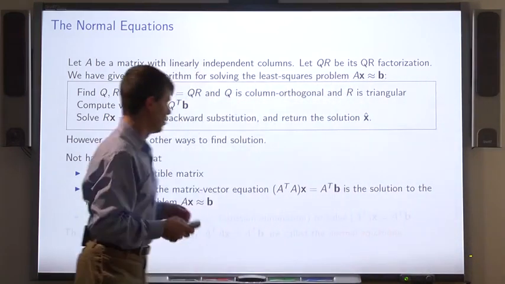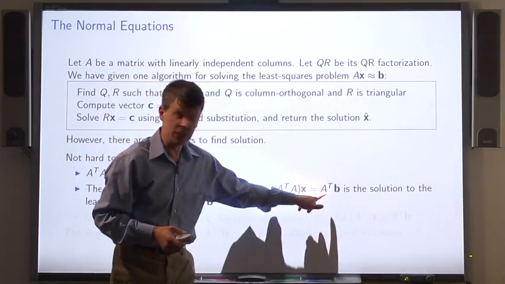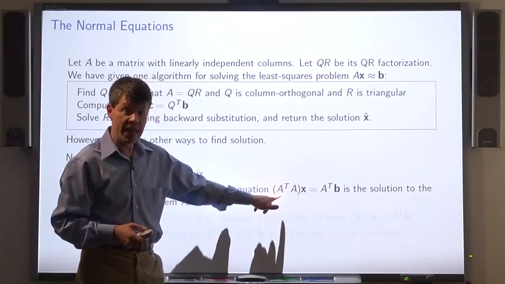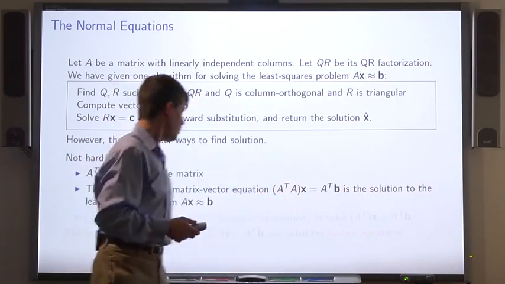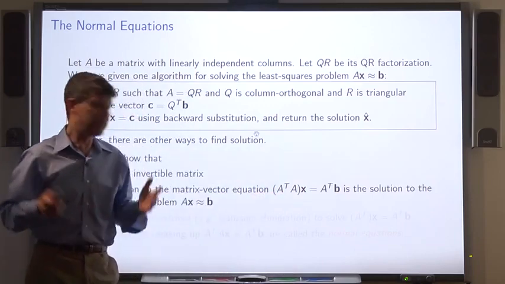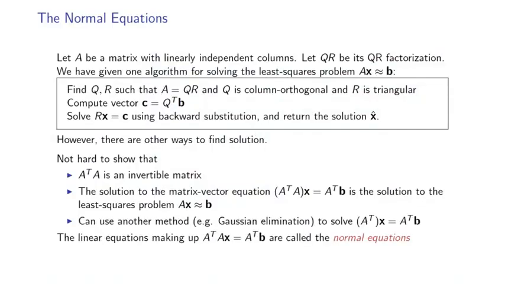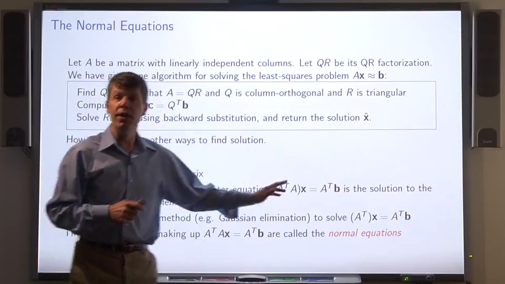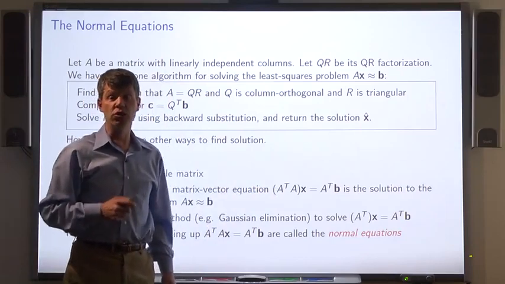It's exactly the same solution. This is a matrix vector equation with a square and, in fact, invertible matrix. So you can solve this equation using other methods, such as Gaussian elimination. And the equations making up this matrix vector equation are called the normal equations. For a long time, this was the way to find a solution to least squares.